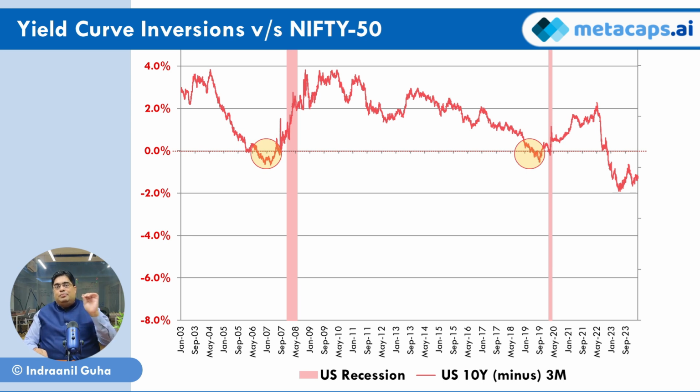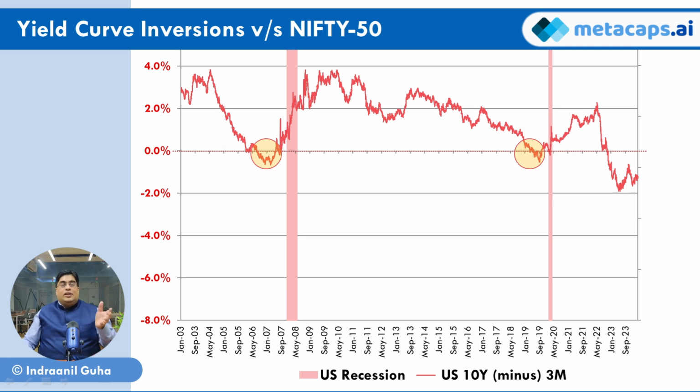This is the period when our markets were exposed to the effects of foreign institutional flows, and that's why this is the most relevant period to look at. During this time, we saw two recessions in the US economy, 2008 and 2020. And before both these recessions, the yield curve quite reliably inverted sometime in the run-up to the recession.